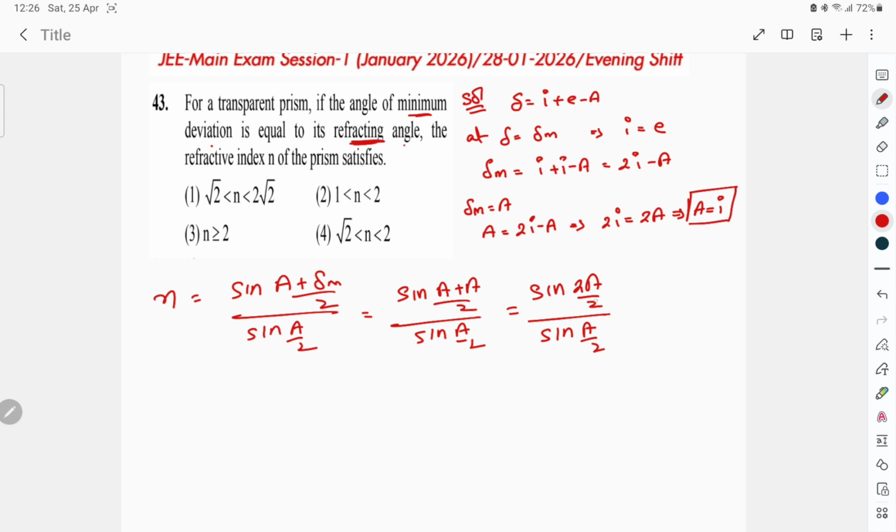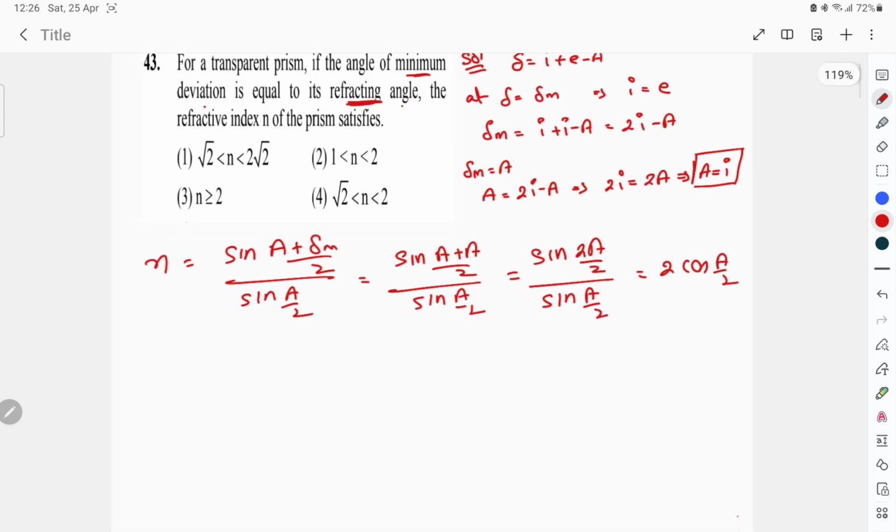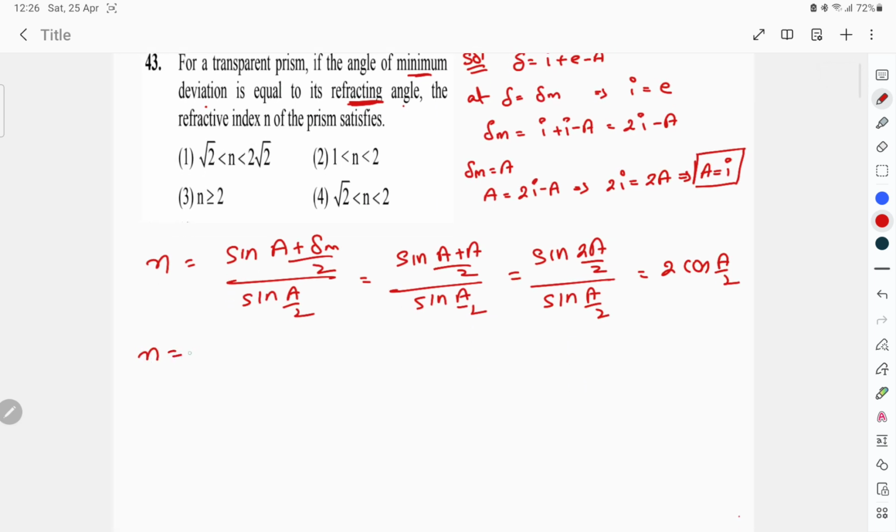Here we can modify this, and you will get 2 cos A by 2. So I will write the refractive index n is equal to 2 cos A by 2. So this is one equation I got.